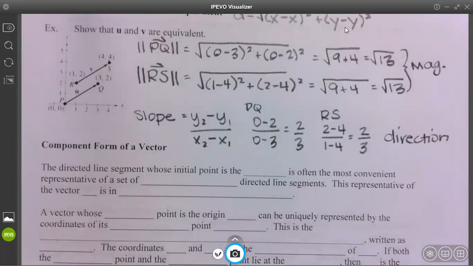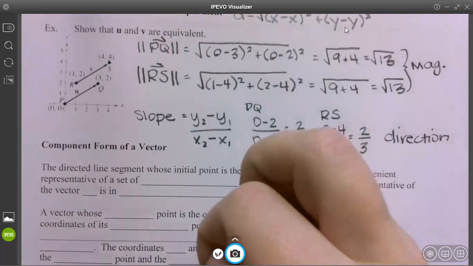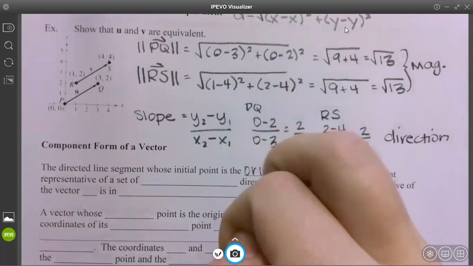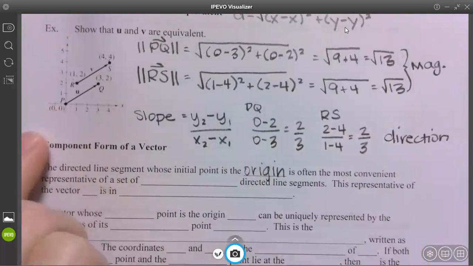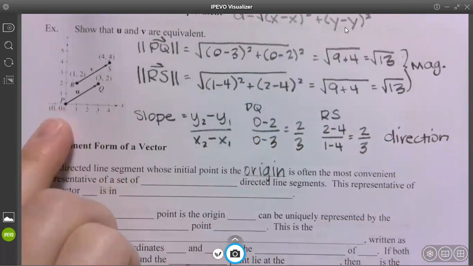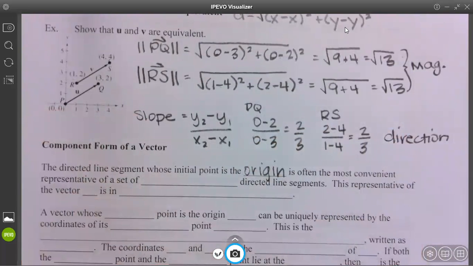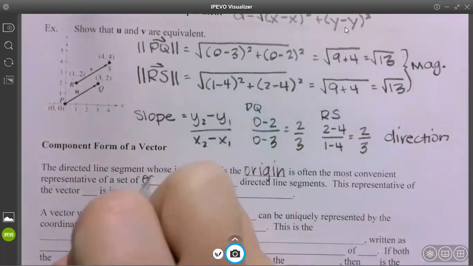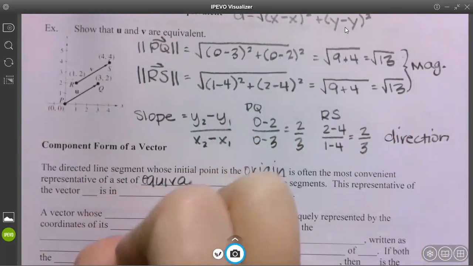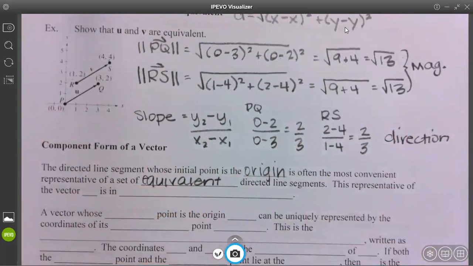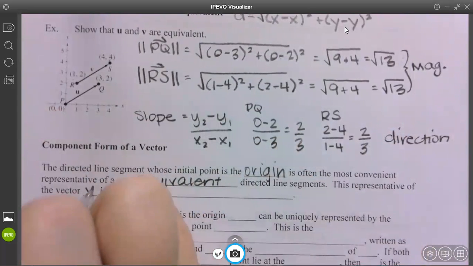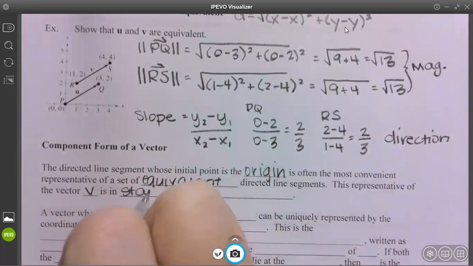The component form of a vector: the directed line segment whose initial point is the origin. So P up here is a directed line segment whose initial point is the origin. It is often the most convenient representative of a set of equivalent directed line segments. This representative of the vector V is in standard position.